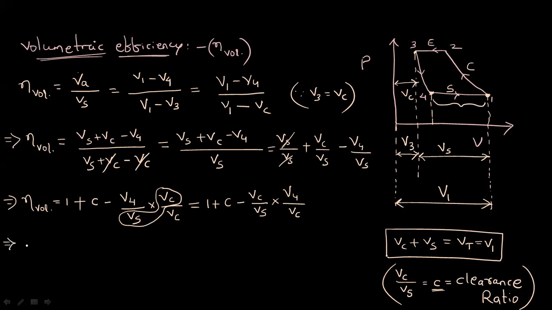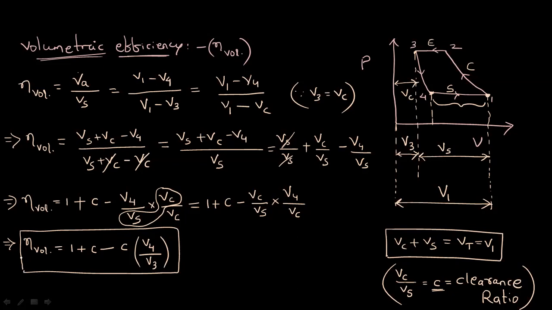So that implies volumetric efficiency equal to 1 plus c minus, here Vc by Vs again I got, so Vc by Vs is nothing but small c, whole into V4 by Vc. Vc is nothing but V3. Yes or no? So in place of Vc, I can write V3.